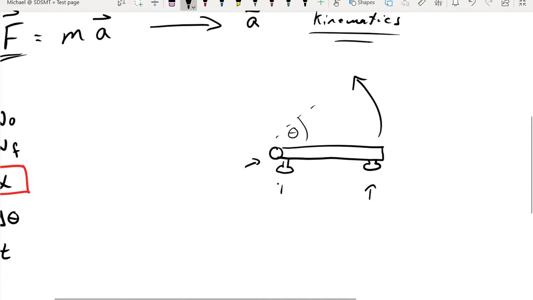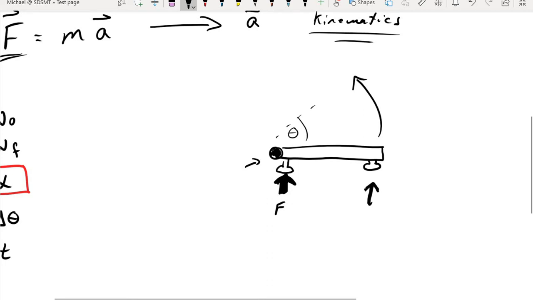And if you've ever tried opening a door from the wrong side, you'll know that applying a force very close to the pivot doesn't really work. You can still open the door, but it requires a tremendous amount of force to be applied at that location just to get the tiniest bit of rotation, whereas we can apply a very minimal amount of force on the other side of the door and actually get quite a bit of rotation.